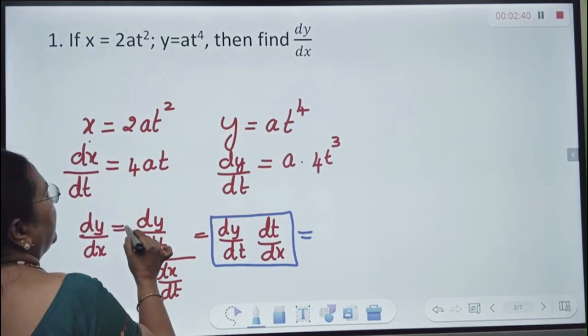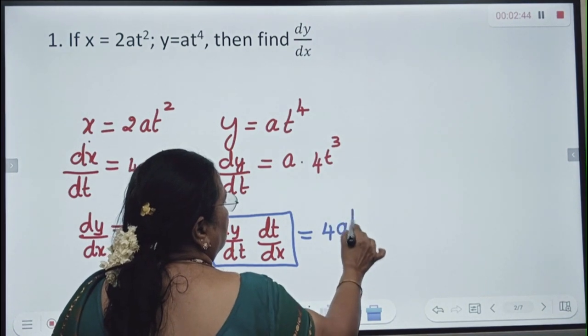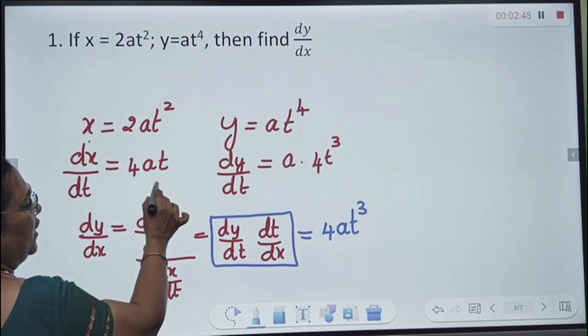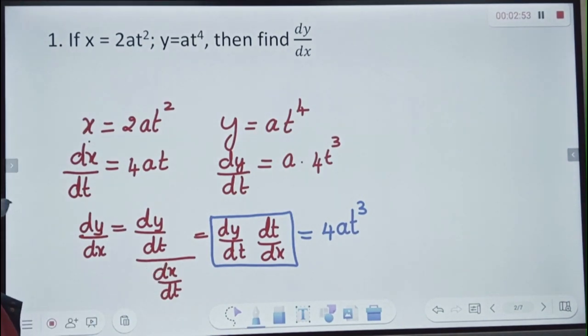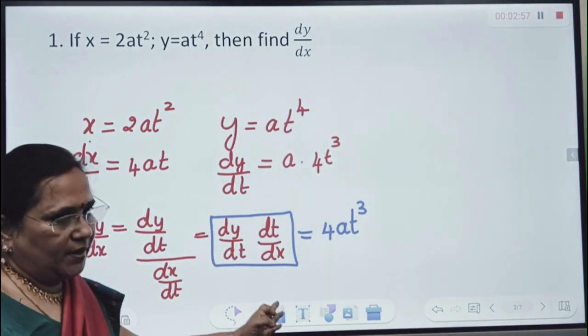what is dy by dt? 4at cube. Okay, what is dx by dt? 4at. So either you can write it as dy by dt by dx by dt or dy by dt into dt by dx, which is dy by dx.